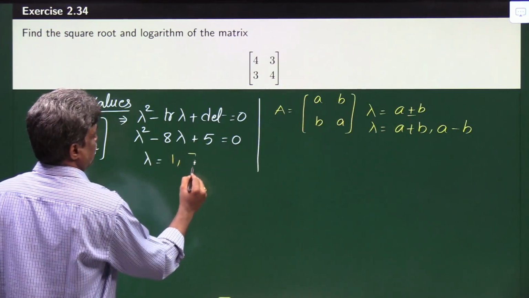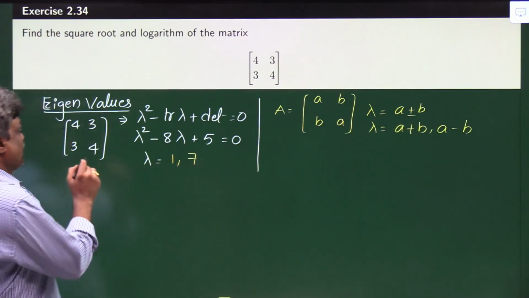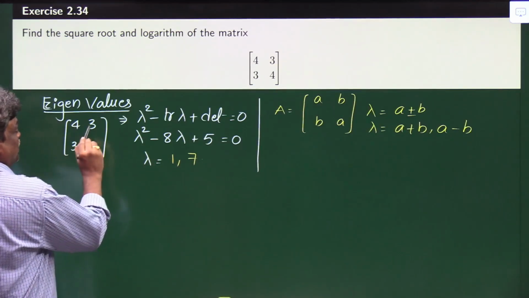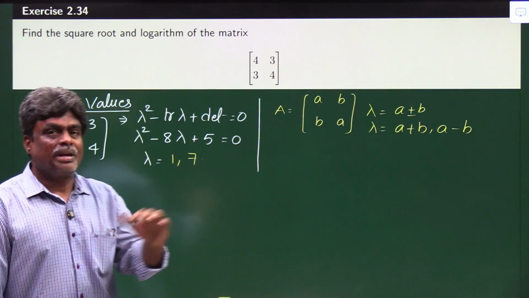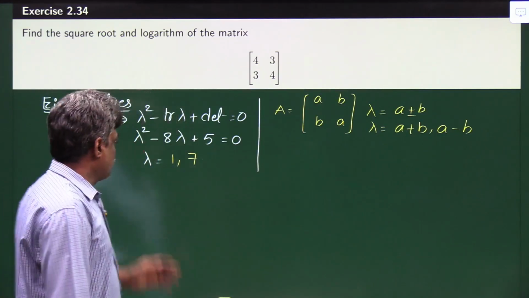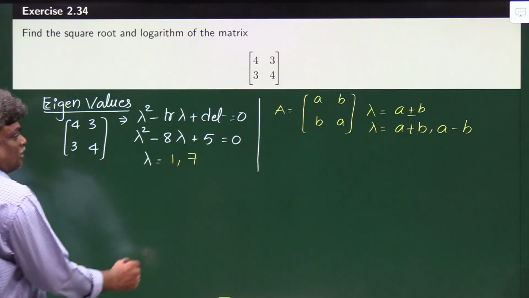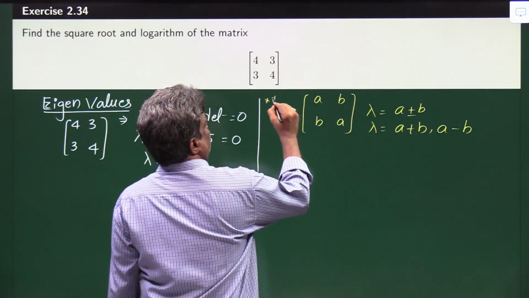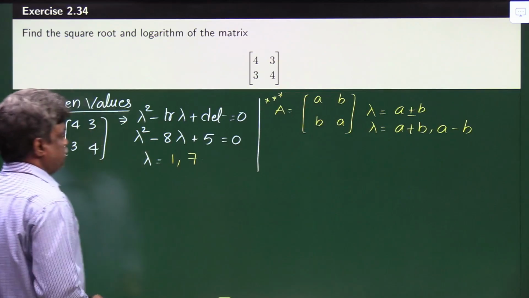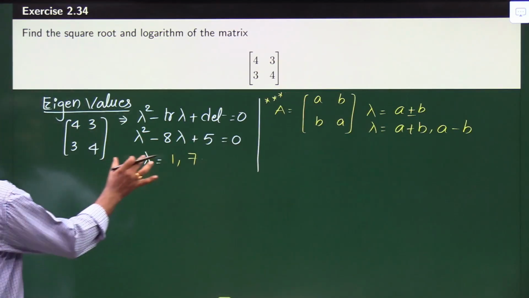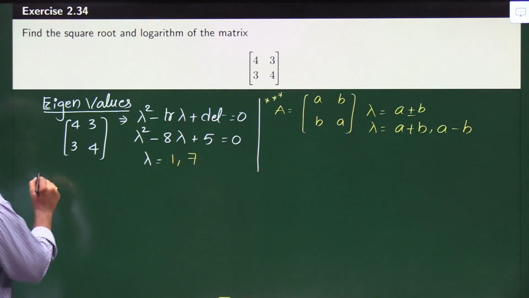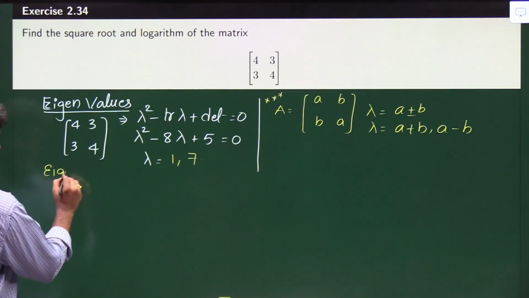Sorry, 1 comma 7, I'm sorry. One is 4 plus 3, 7. Another is 4 minus 3, 1. So you will get 1 comma 7 as the eigenvalues. This is a small technique. Use this 1 comma 7. Now for these eigenvalues, I am going to find the corresponding eigenvectors.